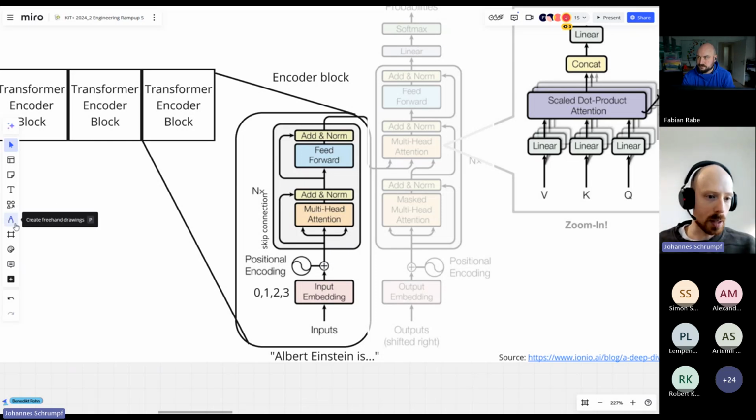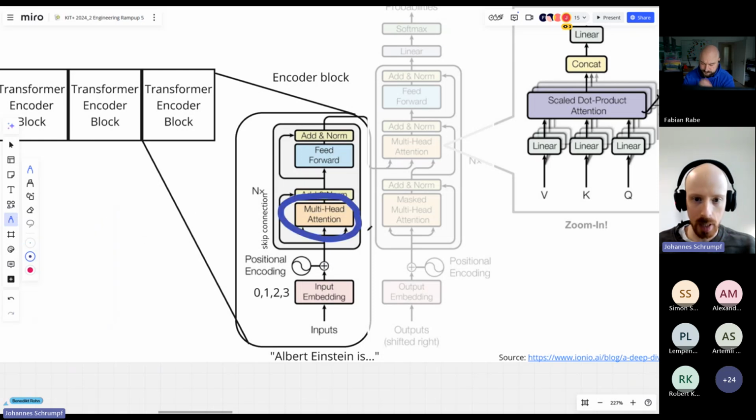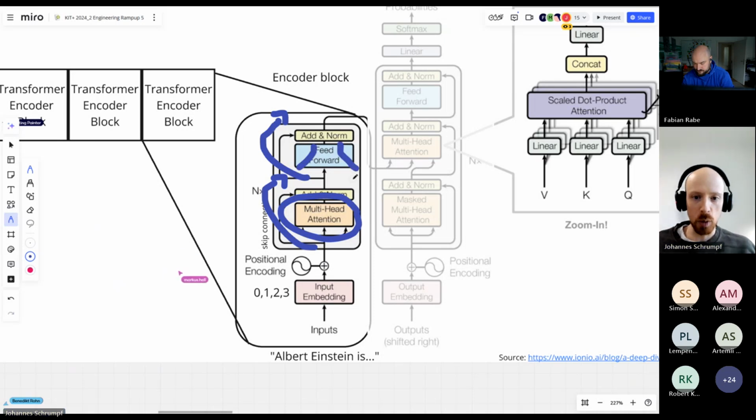So everything that happens within the encoder block is just things that happen within our black box, the multi-head attention layer here, and then just some skip connections and a simple filtering operation here, which filters the output from our normalization operation here.